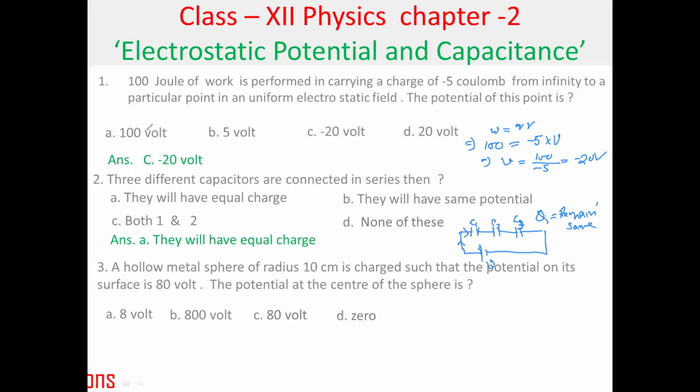You see, a hollow sphere, that is, there is nothing inside, a hollow metal sphere, like this. This is the sphere. So the radius is 10 centimeter. The potential on its surface is 80 volt. Here on the surface the potential is 80 volt.